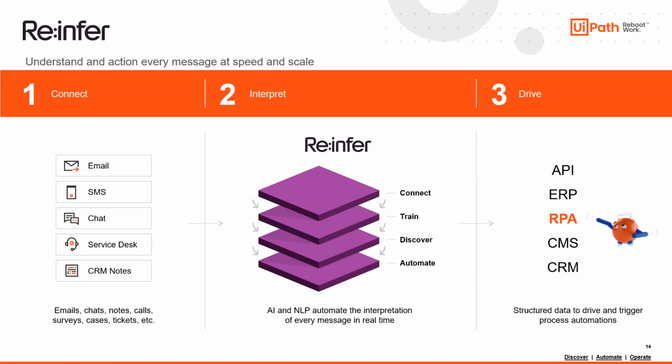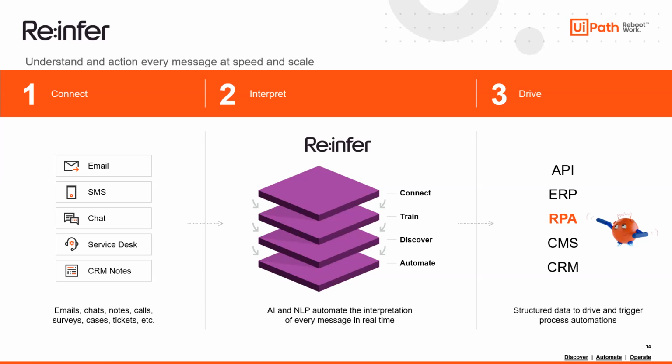And then based on that training, as new emails or texts come in, you can grab that information and run it live, basically upfront. Reinfer will run the models on it, extract key information from it, and then based on that information, you can go ahead and drive or kick off downstream automations.